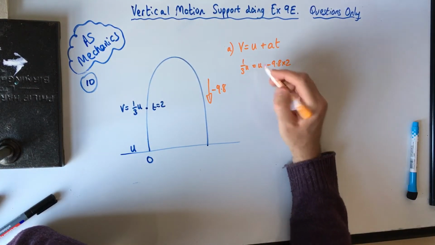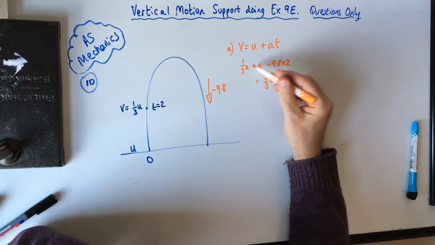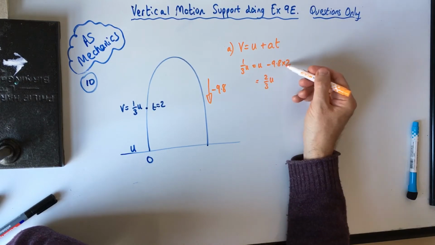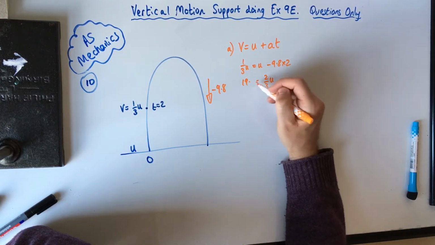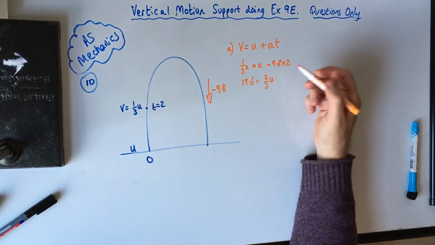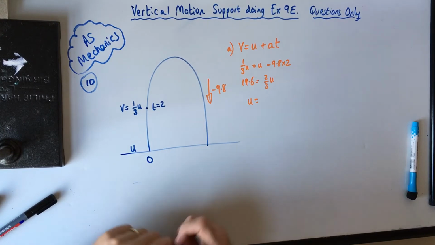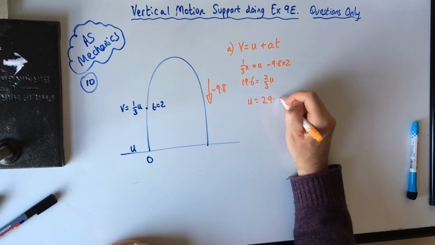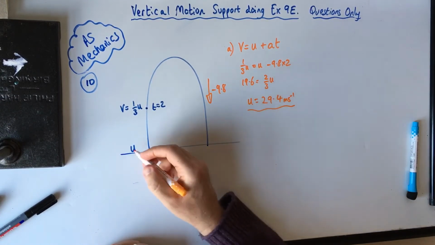So I'm going to take that over there, so that is 2/3 u. So take a third u off both sides, and then I'm going to take that over to that side, so that's going to be 19.6 positive, and then times that by 3 and divide by 2. So 19.6 times 3 divided by 2 gives you 29.4 meters per second. That's what it was initially.